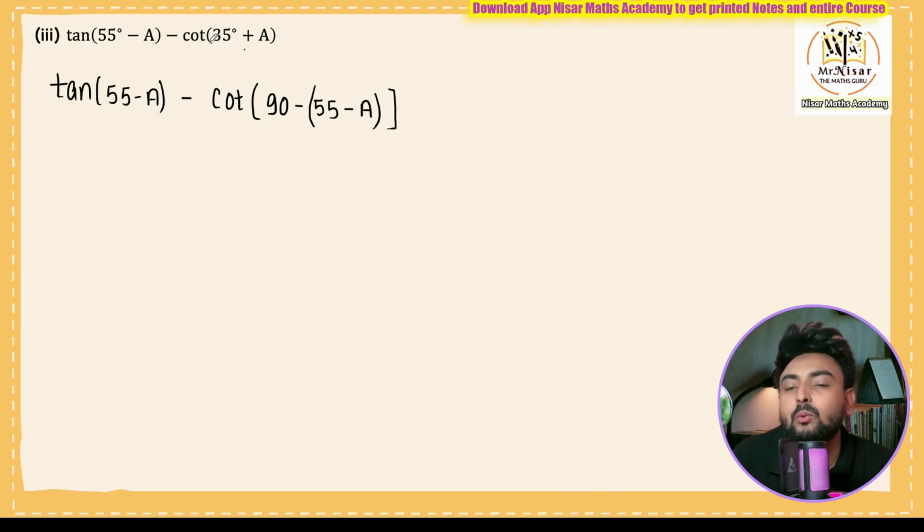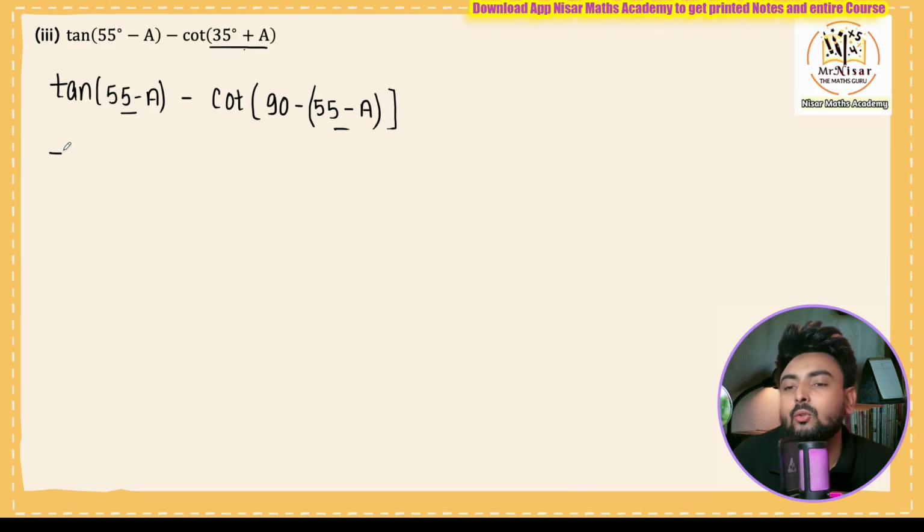I need to find 90 minus what becomes 35 plus a. This much is the angle now. So if I say 90 minus 55, that is 35. Is it, children? Yes. But here I want plus a. So if you have a minus sign before the bracket, minus into minus is going to become plus. So here it should be a minus sign inside the bracket: 55 minus a. And see, these two angles will come the same.